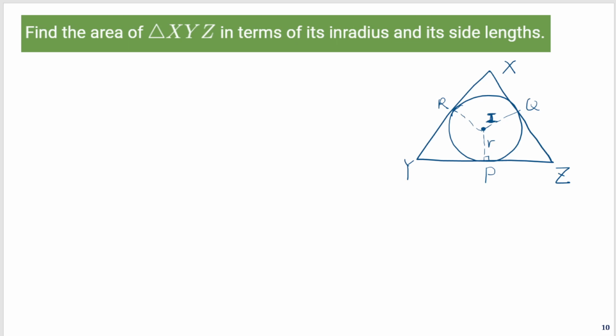We don't know the side length of the triangle, do we? Oh, the perimeter of the triangle is 2s.